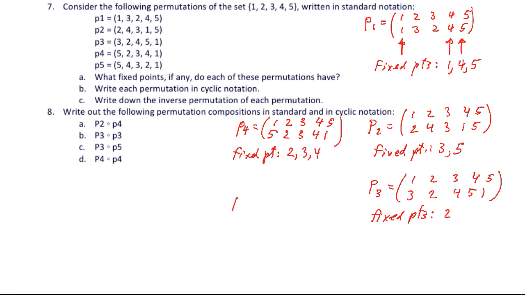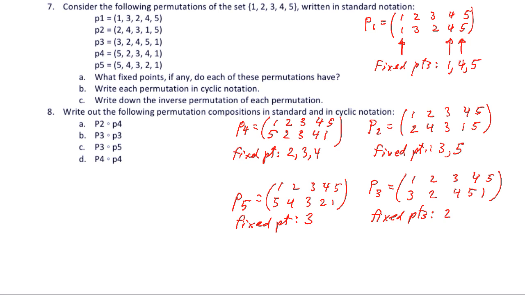Finally, P5 can be written in expanded notation as 5, 4, 3, 2, 1. And we have a fixed point: you can see the 3 and the 3 line up at 3.